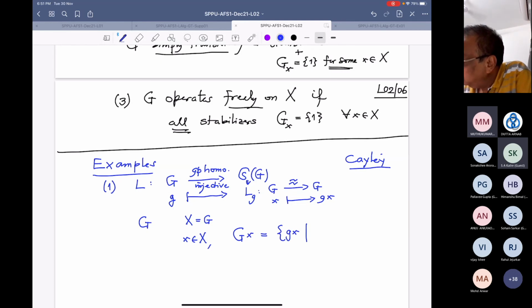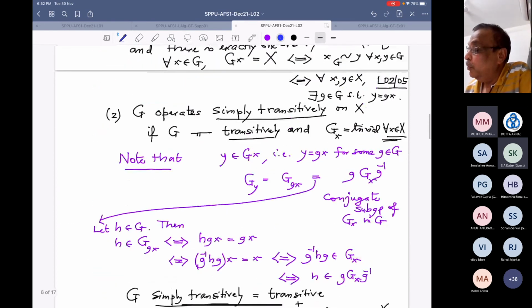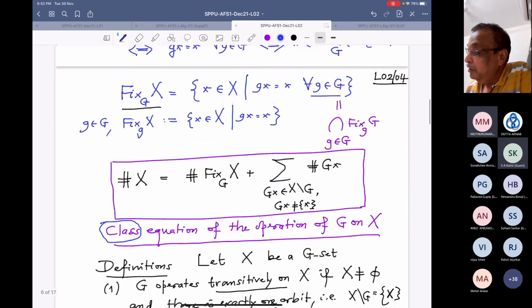And what is varying? g is varying. Now can you not tell me what this is? This is G, very good. And this is true for every x. And there is only one orbit. It's transitive, very good. What is the class equation? Go back to the class equation.